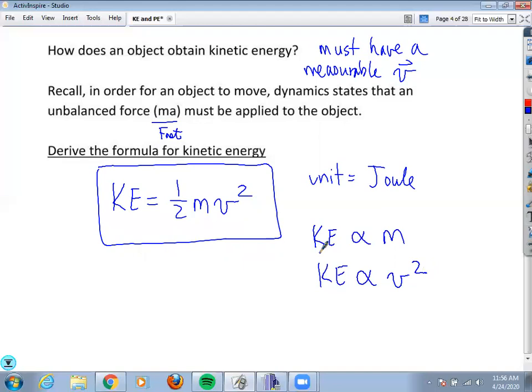So if you're thinking about safe driving, a car that's moving at 40 kilometers an hour has 4 times the amount of kinetic energy as an object moving 20 kilometers an hour. And that's why collisions are much more devastating the faster you go. So as you increase your speed, you increase your kinetic energy by the square of the speed.